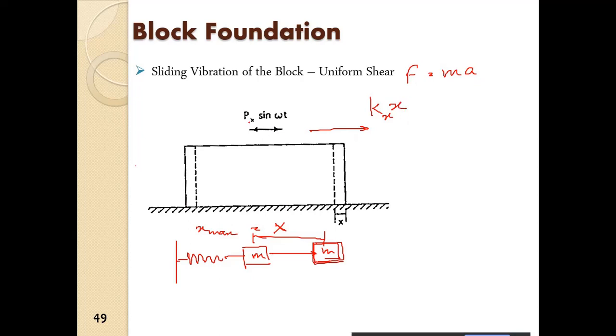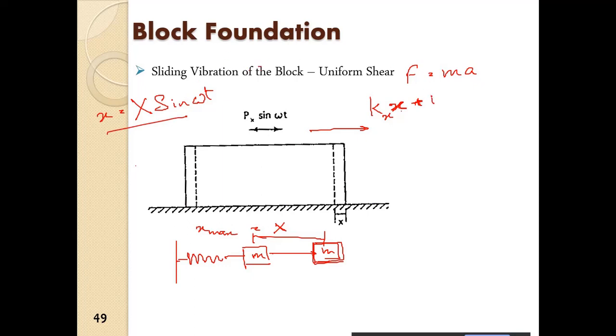The other is this p naught sine omega t. Now x is a function of time, remember, okay? So x is equal to capital X sine omega t. So at any time t we have x displacement. So the time is already included in this small x. Alright, so that you keep in mind.